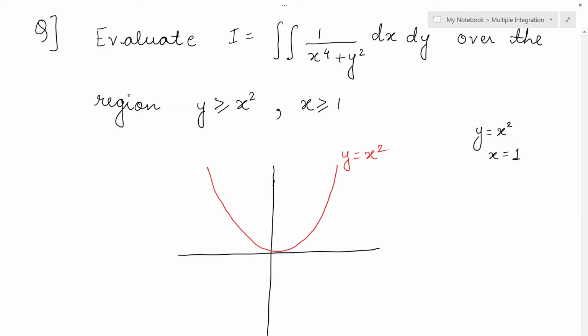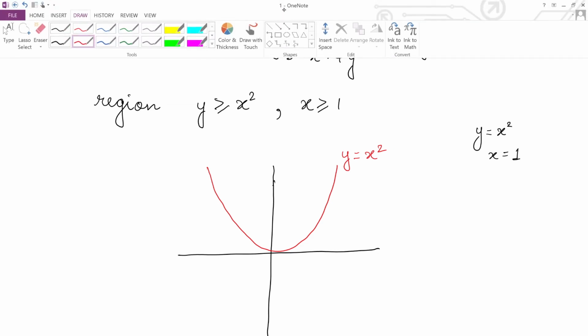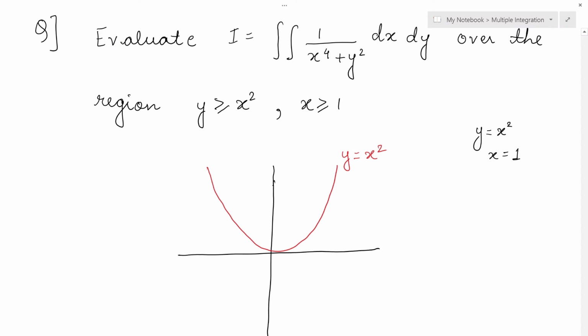Okay, and then I have to draw a line x is equal to 1. x is equal to 1 is a line parallel to the y-axis. So if this is 1 over here, okay, this is the line x is equal to 1. Now we need to shade the common region. How do we shade the common region?